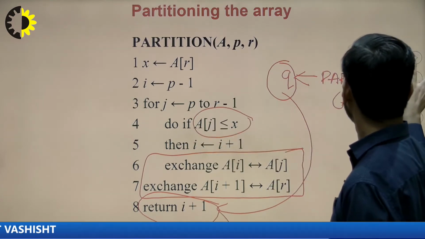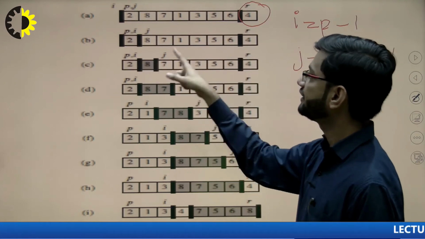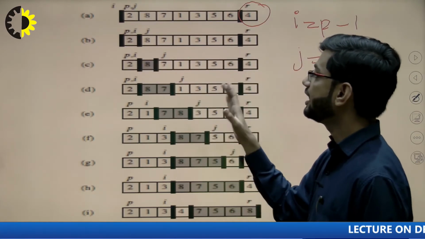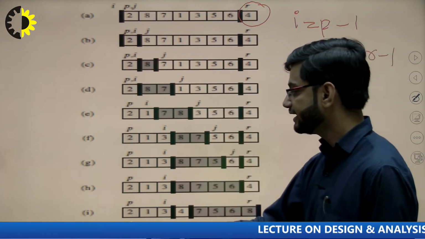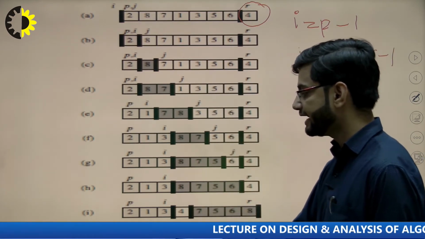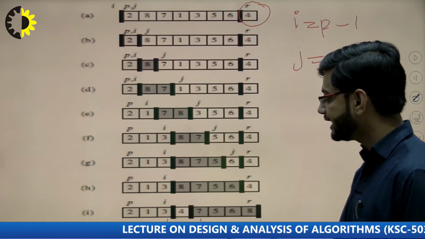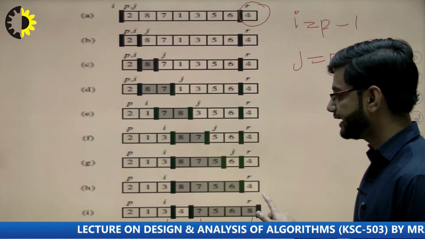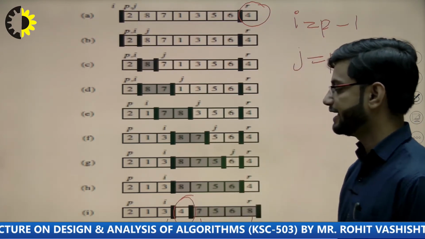So here we will compare 4 with 2, 4 with 8, 4 with 7, and at the last step what I will get is all the elements that are lesser than 4 in the left sub array and all the elements that are greater than 4 in the right sub array.